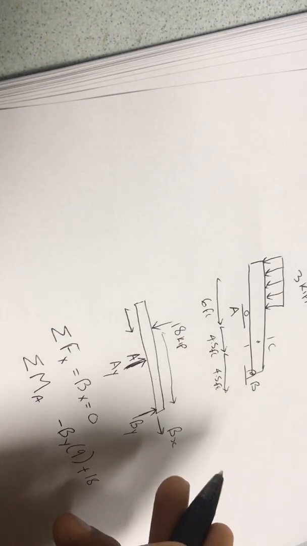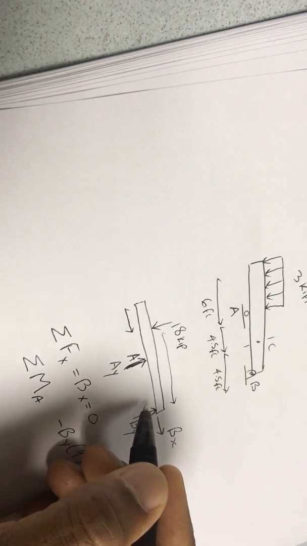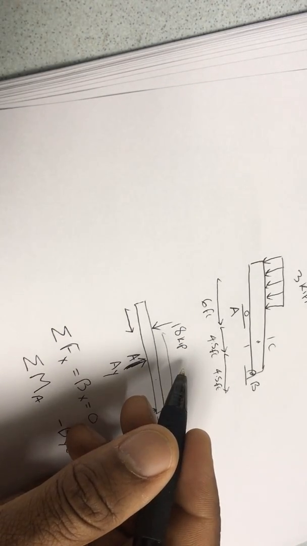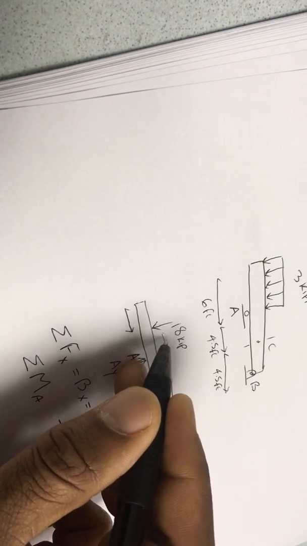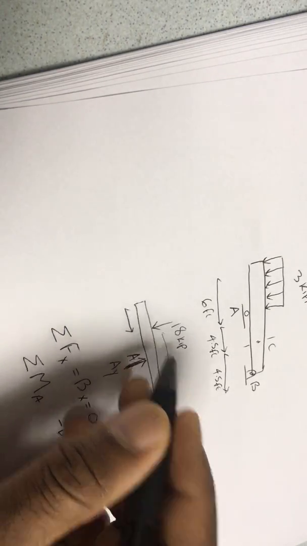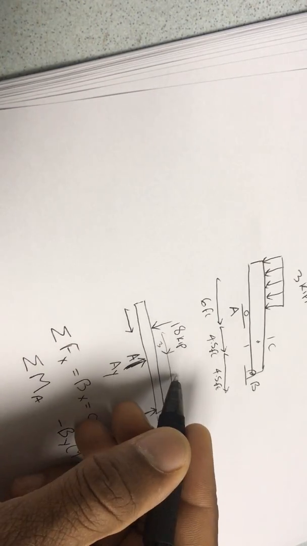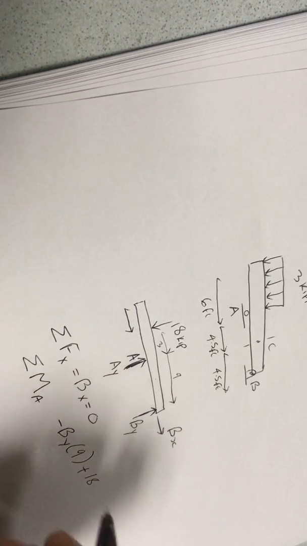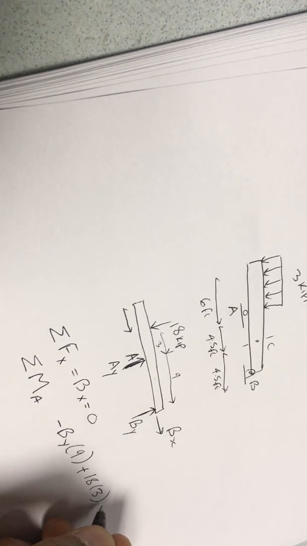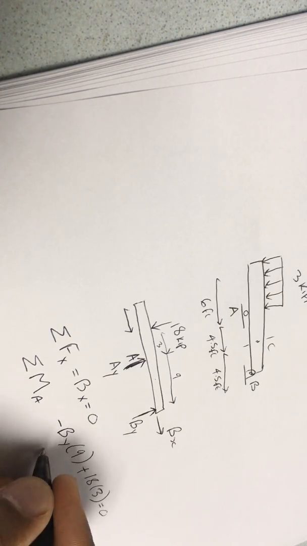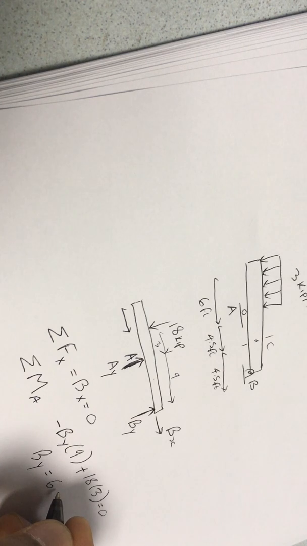Remember, this is 4 plus 4.5 plus 4, gives us 9, and this total distance is 9 plus 3, oh no, sum of the moments about A, so we're just doing 18 times the distance here, which is 3, and remember this is 9 right here now. 18 times 3 would give us 0, so By would then be equal to 6.